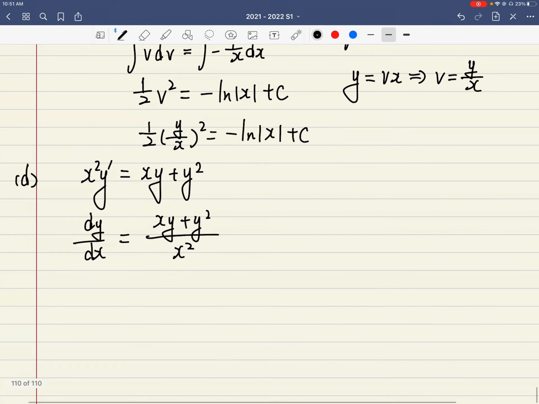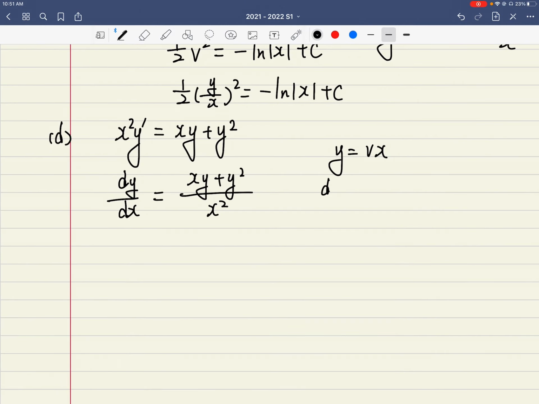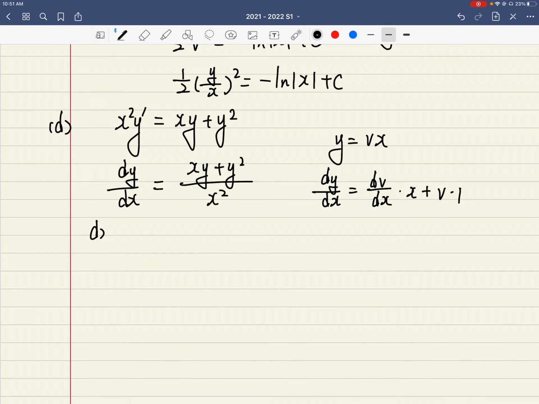So you can do the same thing, y is equal to vx. Again, this v is a function of x, so dy over dx, just do the same thing as you did in problem C. It's dv over dx times x plus v times 1. That would be the left-hand side. The right-hand side, just do the substitution.